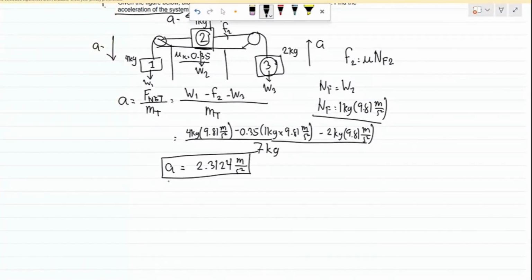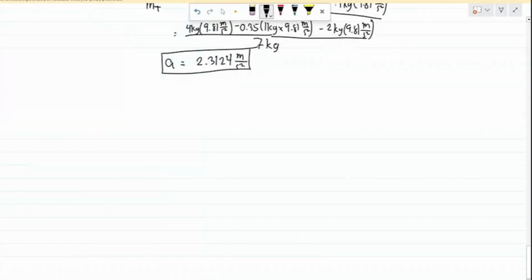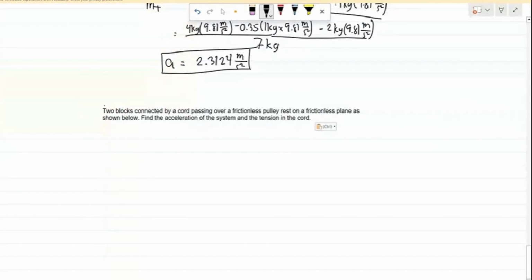Okay. Problem number 8. Okay, problem number 8. So, two blocks connected by a cord passing over a frictionless pulley rest on a frictionless plane as shown below. Okay, wala pa tayo nakalagay pero ito po yung ating pinaka-figure.